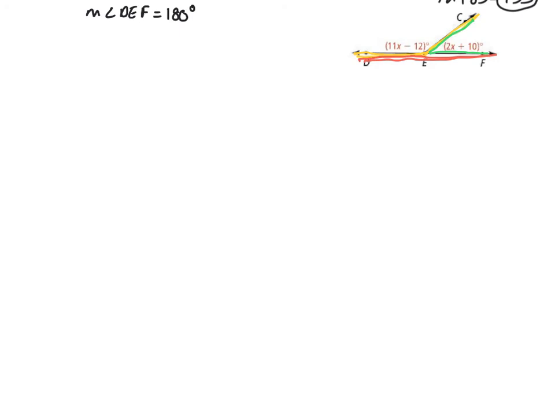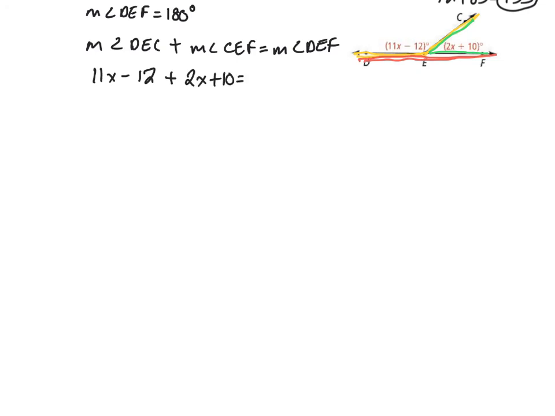So what we need to do is take the measurement of angle DEC, add it to the measurement of angle CEF, and set it equal to the measurement of angle DEF, all right? So DEC is 11x minus 12. CEF is 2x plus 10, and the measurement of angle DEF is 180, all right?